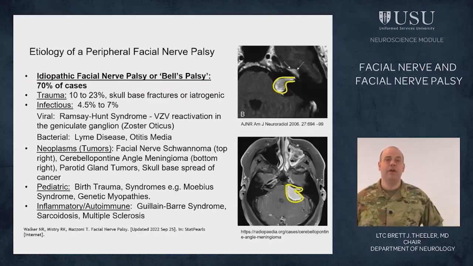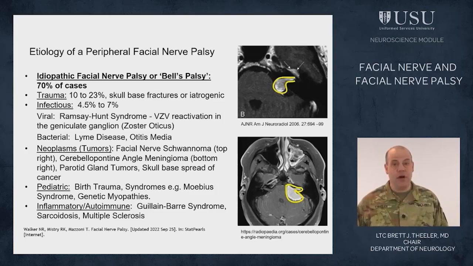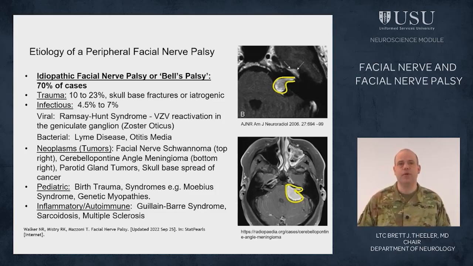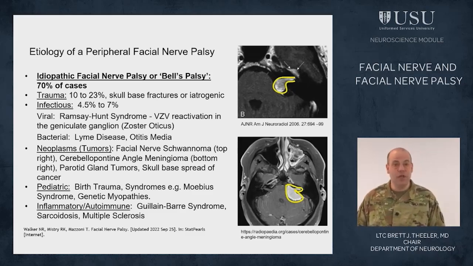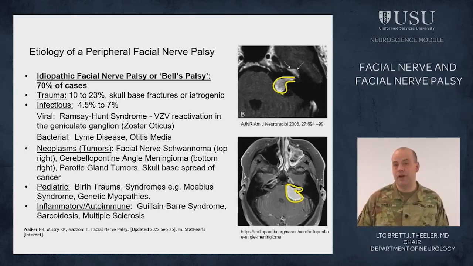So what are the etiologies of a peripheral facial nerve palsy? The most common cause by far is a Bell's palsy or an idiopathic facial nerve palsy. But there are some other conditions that can involve the seventh cranial nerve, usually in specific clinical scenarios. So patients who have skull-based trauma, especially at the area of the stylomastoid foramen, may have a peripheral seventh nerve lesion.